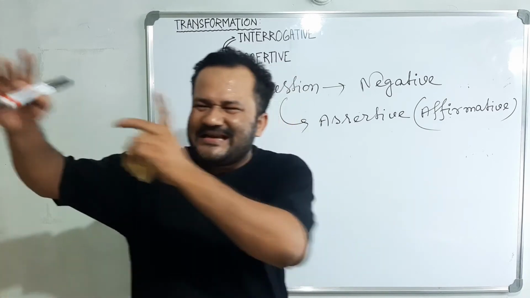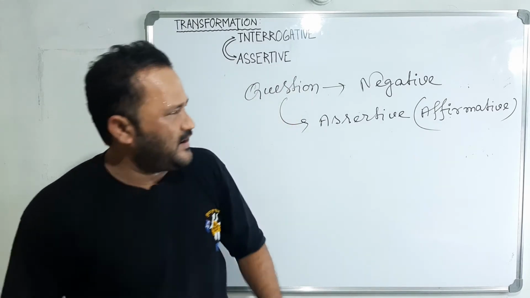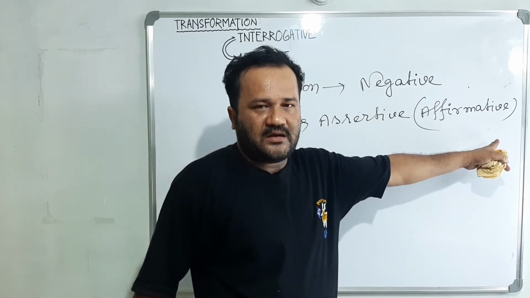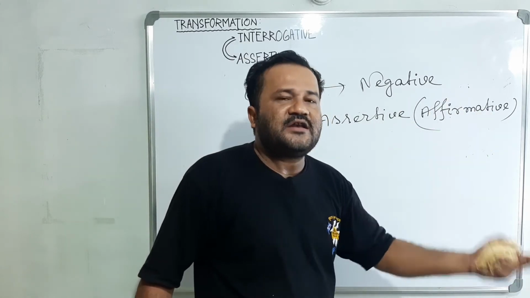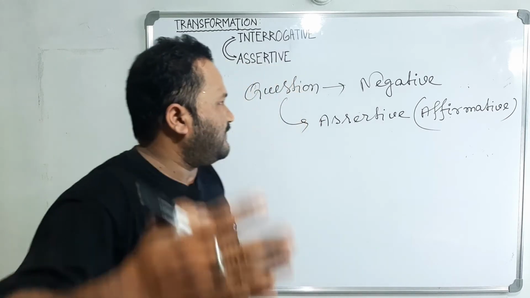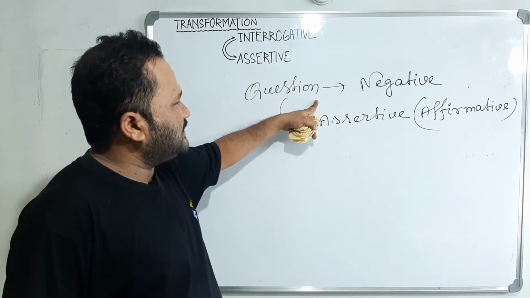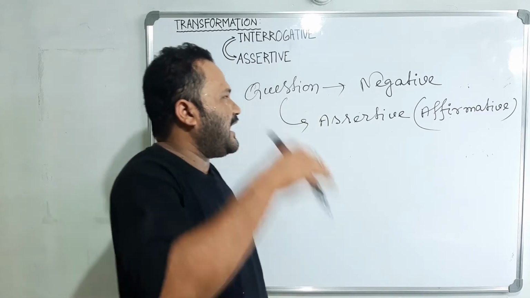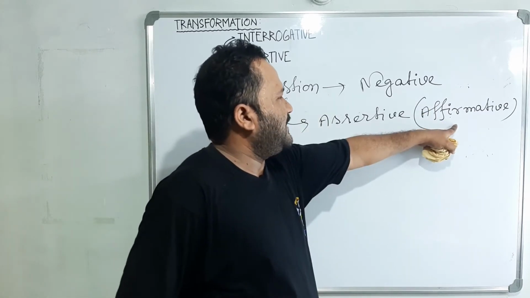Clear? Isn't it a sunny day? That means it is a sunny day. It is a sunny day. In the affirmative. I have asked the question in negative, and you have to give the answer in affirmative.